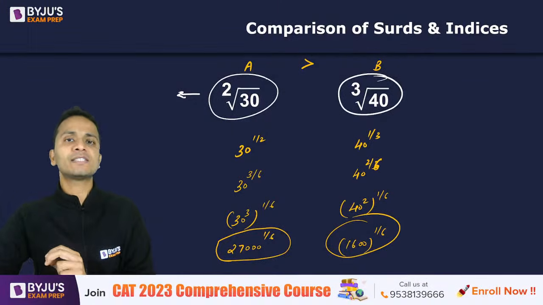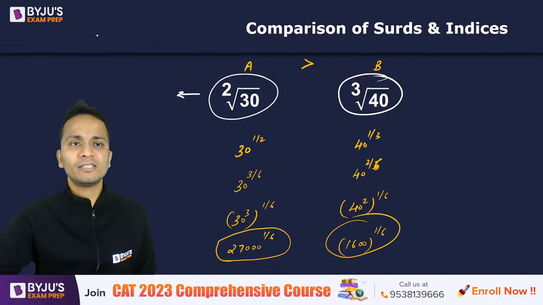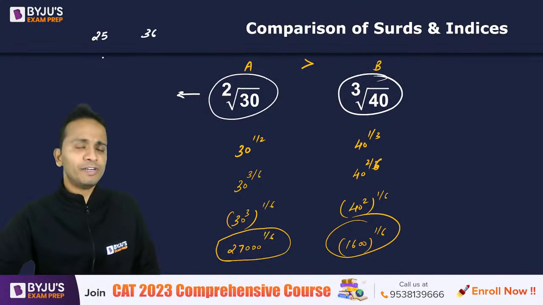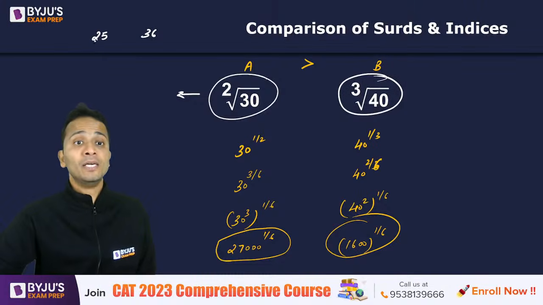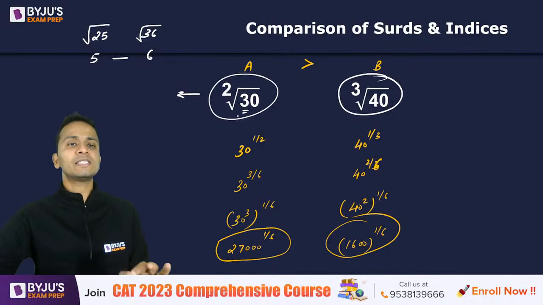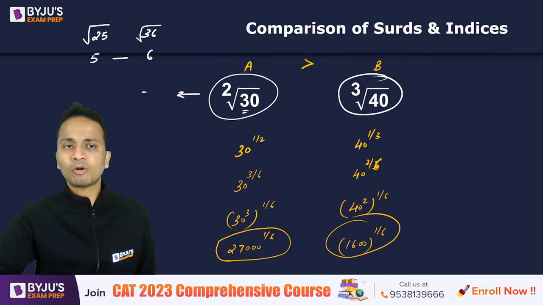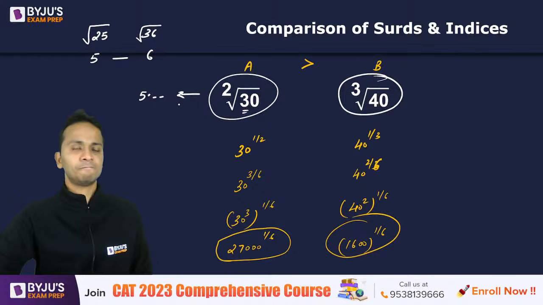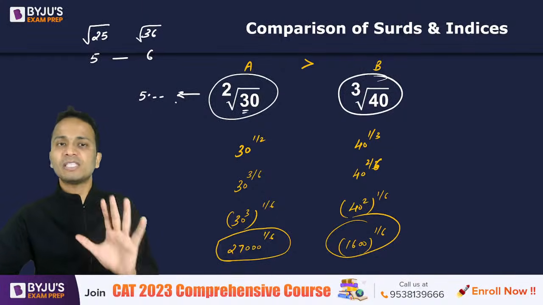Square root of 36 is 6. I'm taking these two perfect squares for reference. So square root of 30 is lying between them, so the approximate value of this number will be 5 point something.